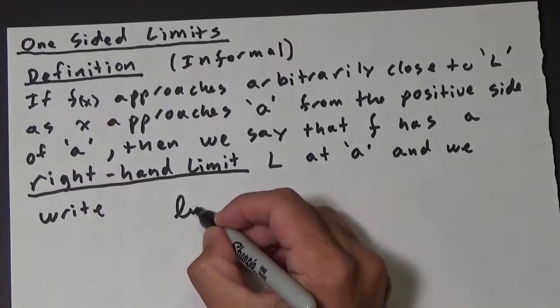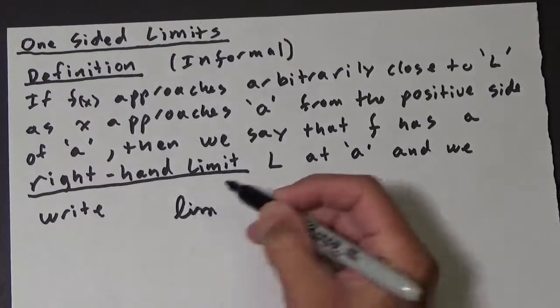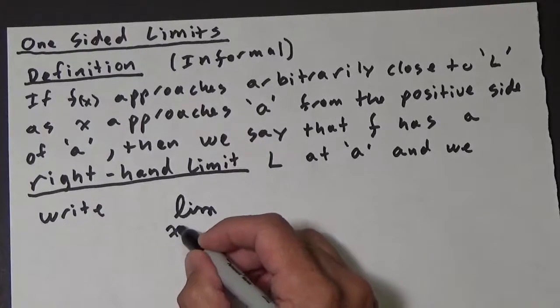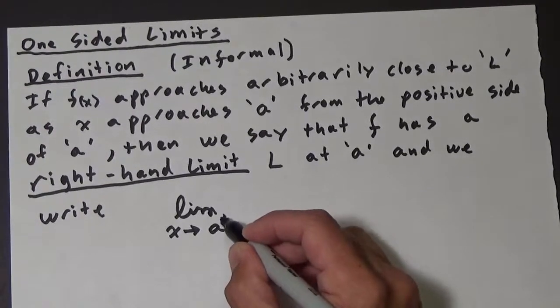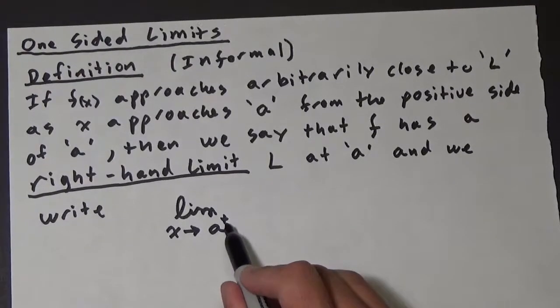We'll have our limit, and then as x approaches A, and then we put a little plus up here.